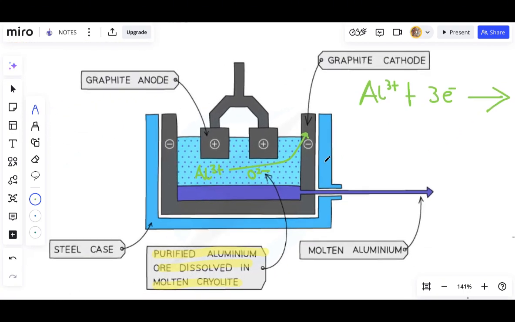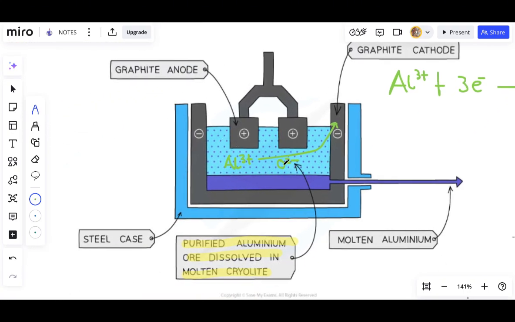Now at the anode, the oxygen ion is dissolved. When you dissolve the aluminum oxide in molten cryolite, it breaks into ions.